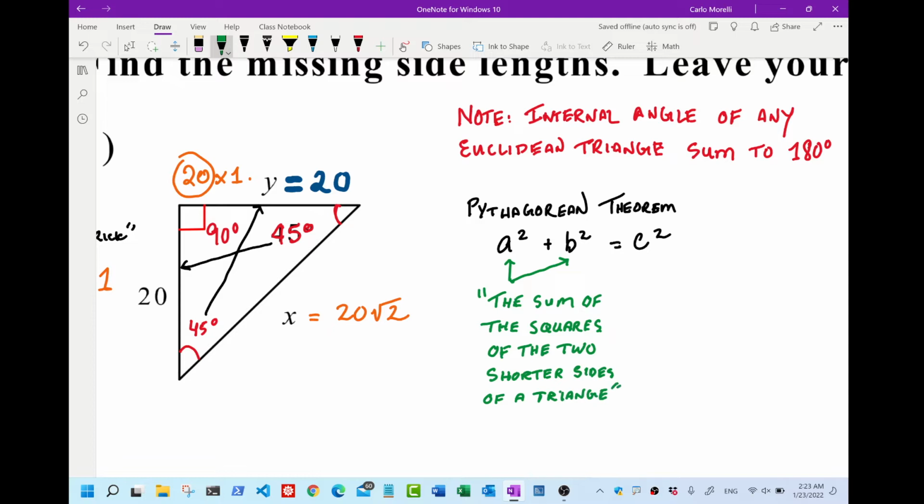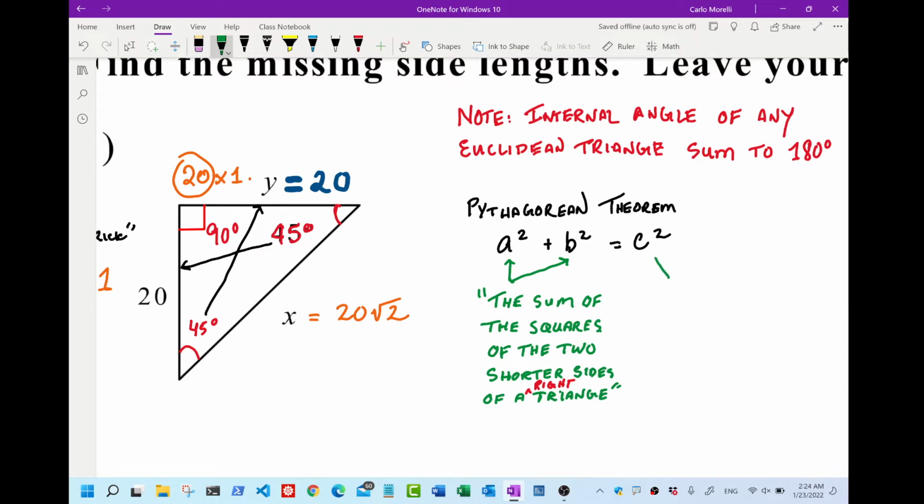Okay, the sum of the squares. You see that? It's the sum of the squares of the two shorter sides of a triangle, should say right triangle here, are equal to the square of the longest side.